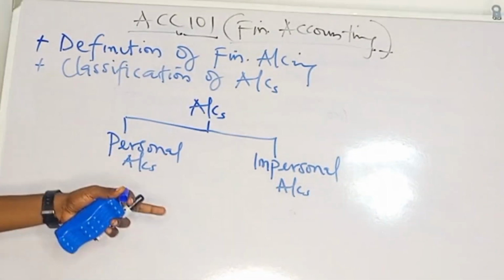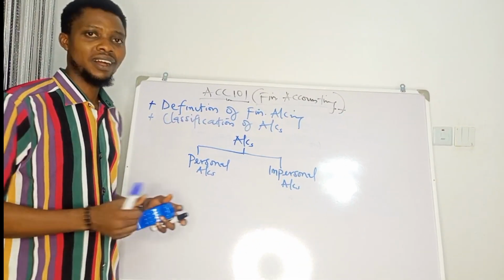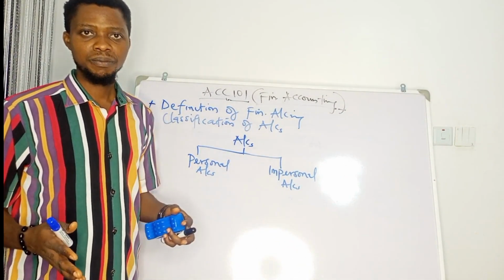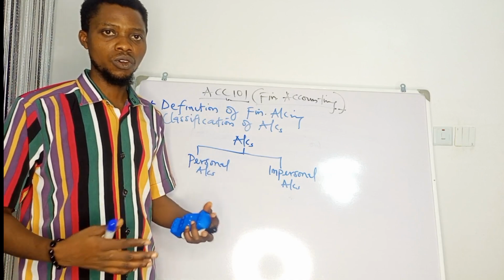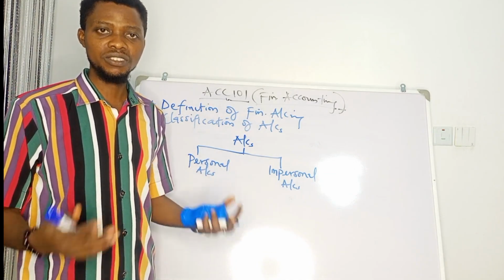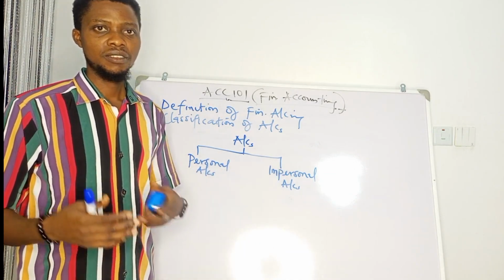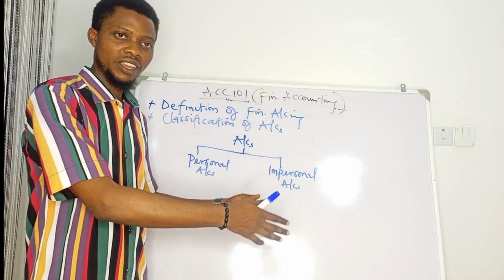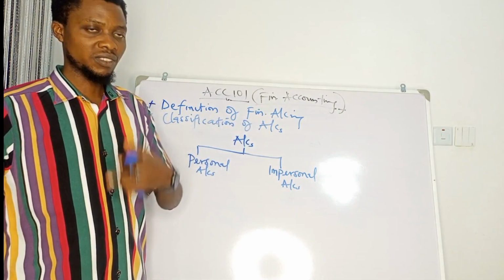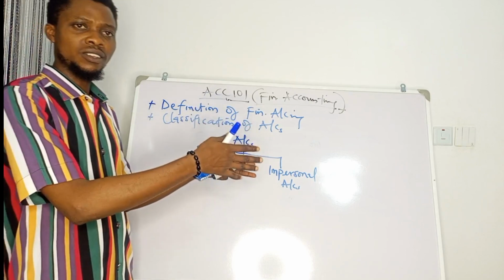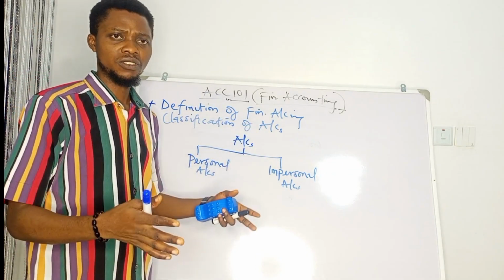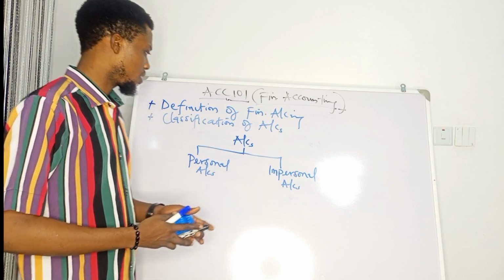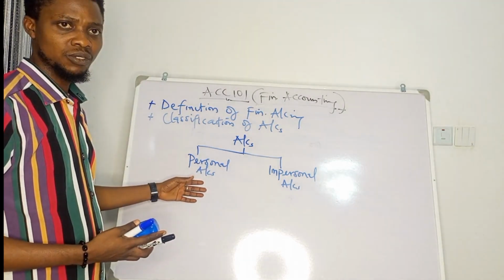The personal accounts, from the word personal, are accounts of persons, accounts owned or operated by persons. For instance, Mr. Chedi, AJ and Sons Limited, Mr. Ikechukwu, or Mr. Awodu, or corporations, individuals. That's what we mean by personal accounts.